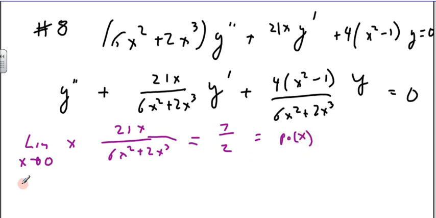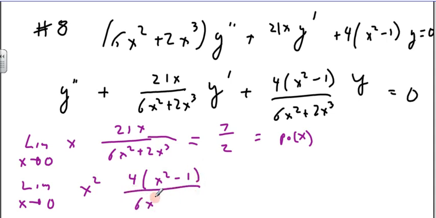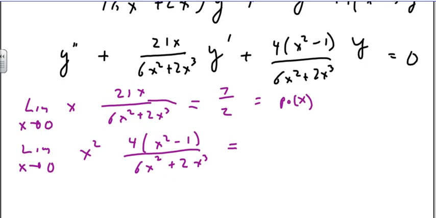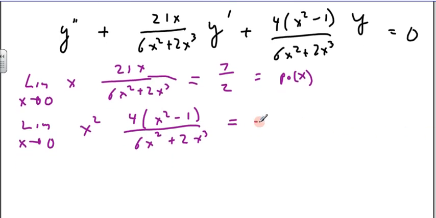Then I look at the limit as x goes to 0 of x squared times 4x squared minus 1 over 6x squared plus 2x cubed, and I find that limit is minus 3 over 2. That's my q0(x).